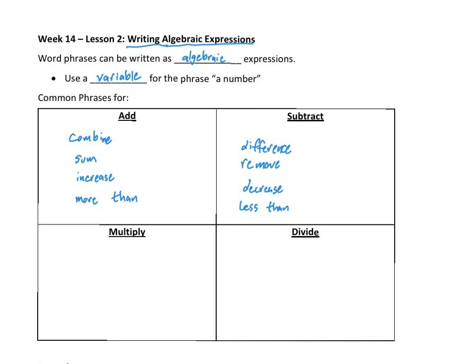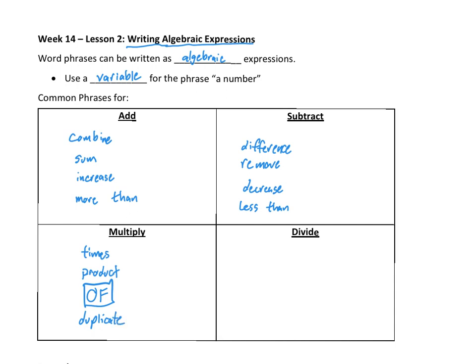For multiplying, times, something times something. If we have rows of, or the product of, and always we look for that word of. Make that word stick out in your notes. To duplicate something, to make copies, any of that stuff.